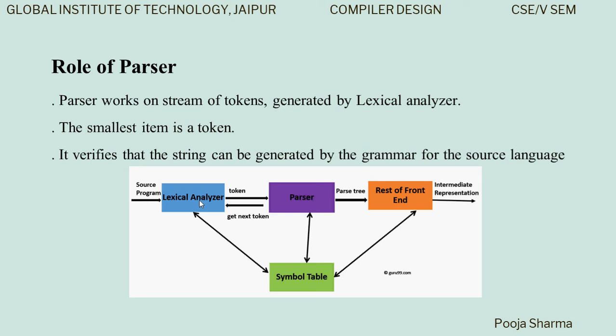If this is the source file, it has a pointer, and from that point it will try to find the maximal matching token for the next part of the input. Accordingly it finds the token and returns it to the parser.